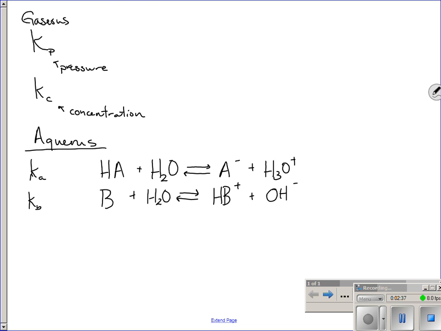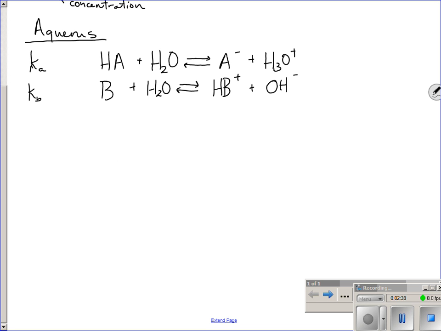The last type of aqueous equilibrium is what we call solubility product equilibrium. Sp stands for solubility product, and that would be when we have a precipitate that is formed and then dissociates very slightly in water. So what we have here is a salt or a compound.